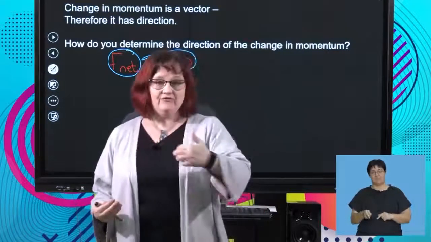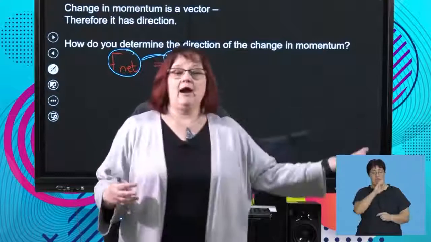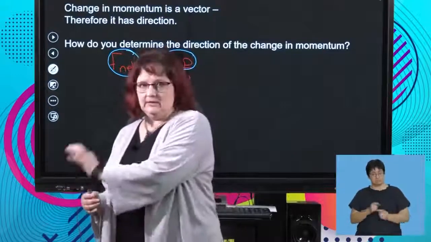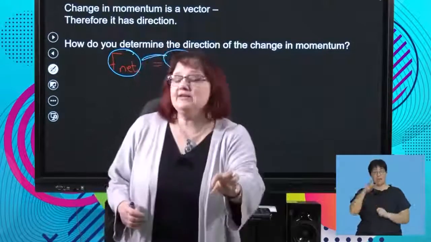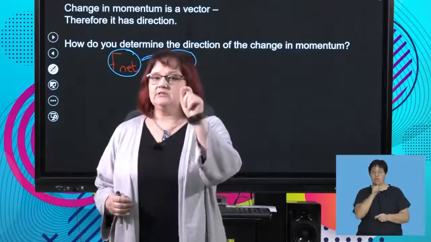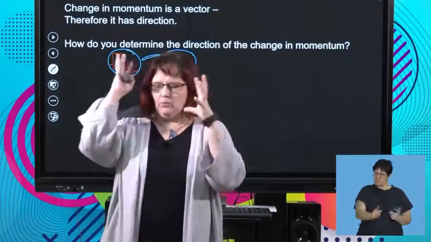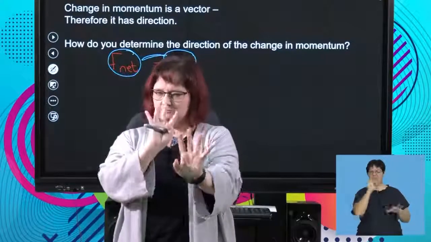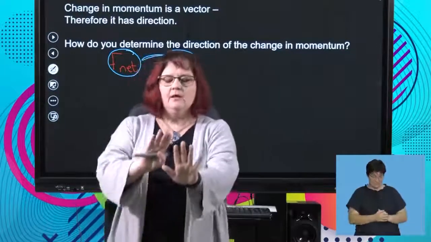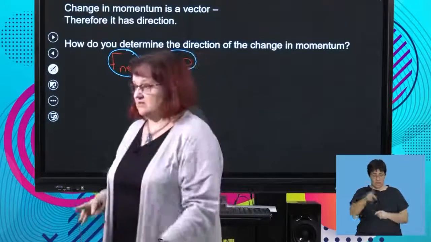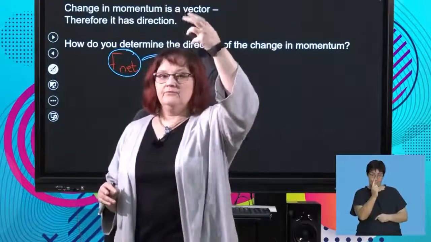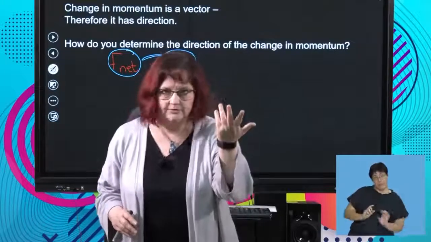So if F net is to the right, change in momentum is to the right, regardless of the direction that the object's moving in. And this all sounds quite weird at the moment. Don't worry, we're going to break it down a little bit further later on. If change in momentum is upwards, then the net force must have been upwards.